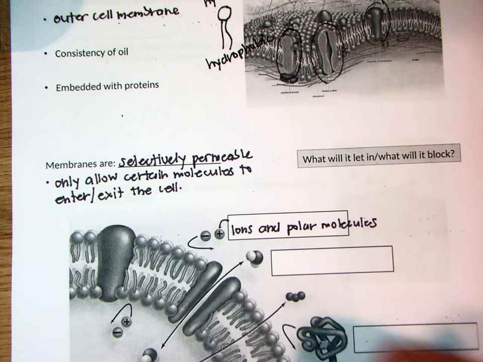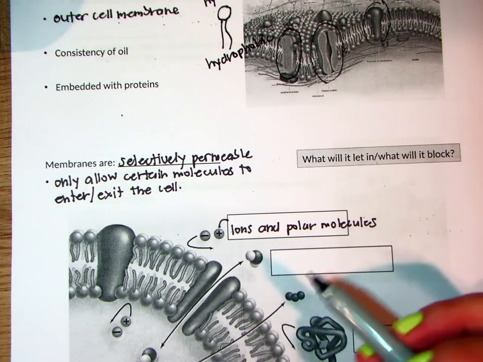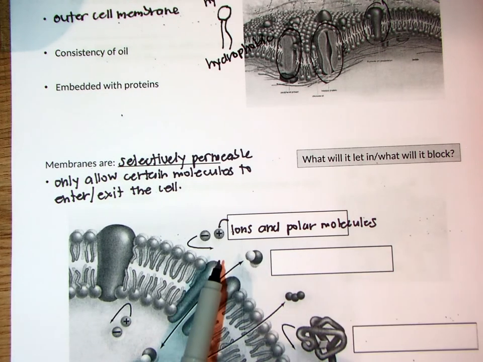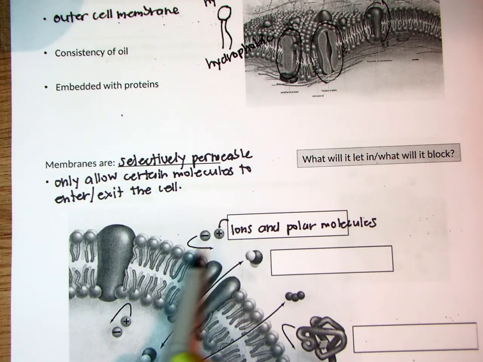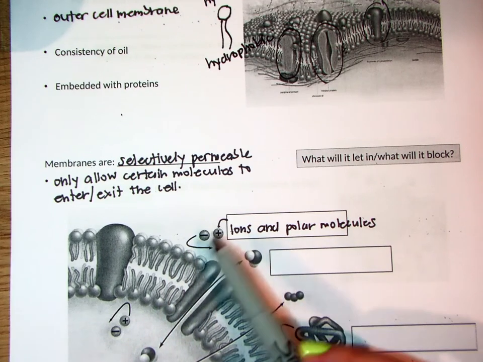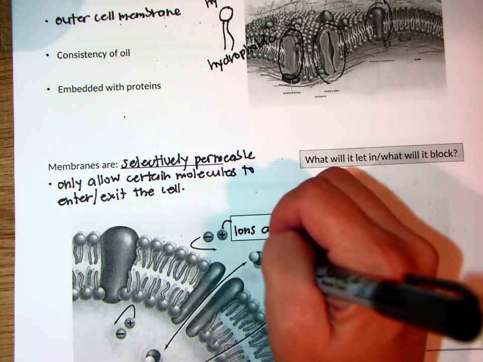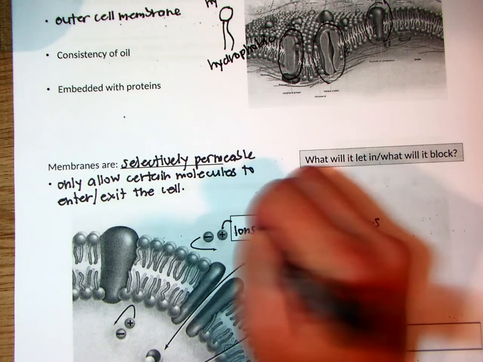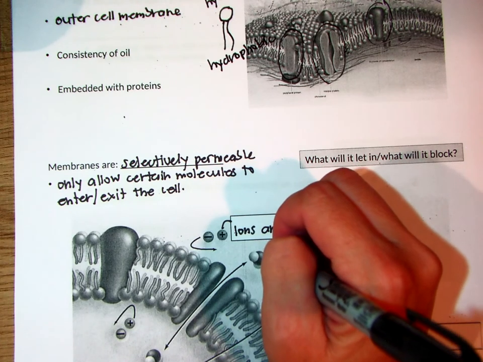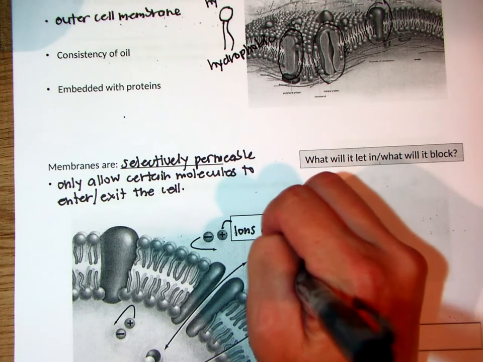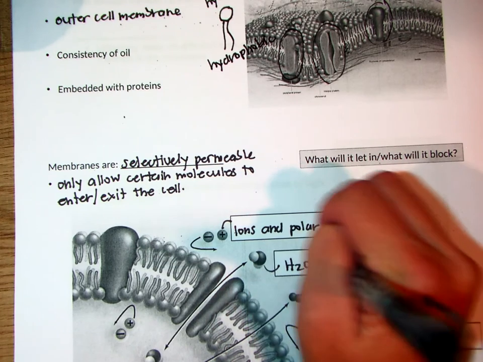So phospholipid is a fat. So remember that fats don't like water, they don't like charged ions, and so they're not going to want to just let those things freely pass in and out. This one is kind of similar, but it's referring specifically to water, which is a polar molecule.